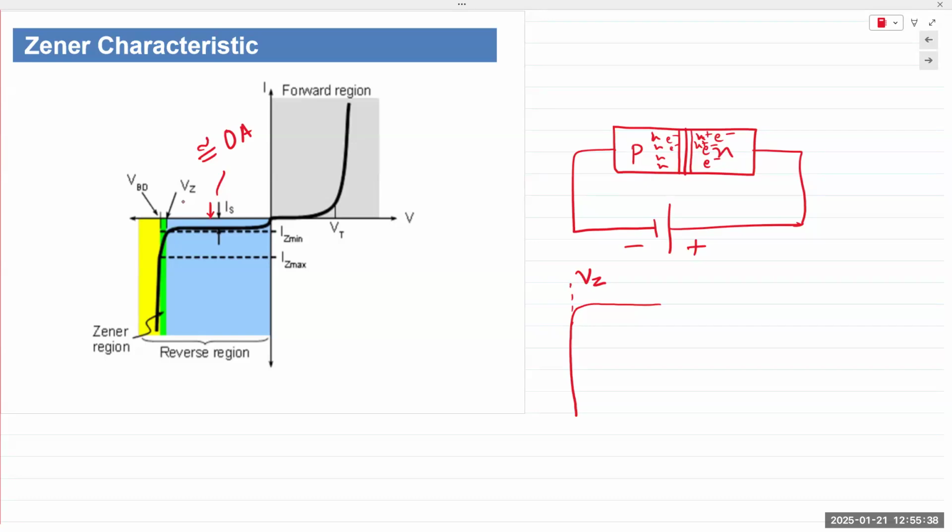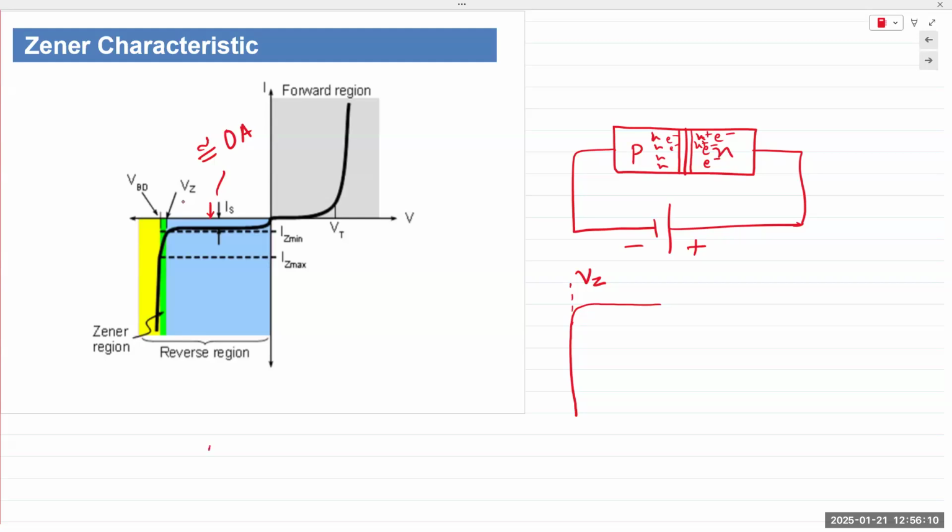Because it happens due to the collision of charge carriers, this is known as impact ionization. More and more ions are created because of collision, because of impact. And it creates a cascading effect or an avalanche effect. So at one point, the junction will break down, it'll overheat, and it'll just blow up. So the process is known as impact ionization, and it is known as avalanche breakdown.